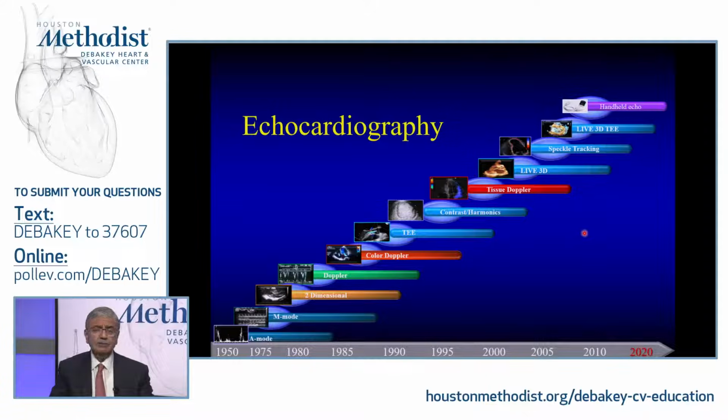And the amazing thing to me is that all these technologies have been advancements in technology, transducer design, the piezoelectric crystals, the electronics of how you handle the image, how you process the image, improve it, filter it.